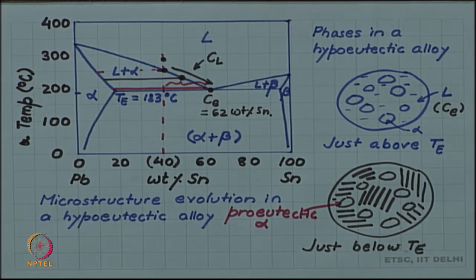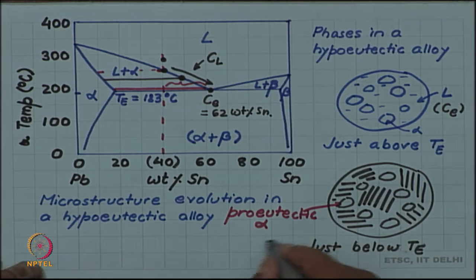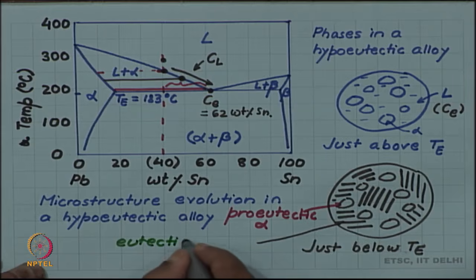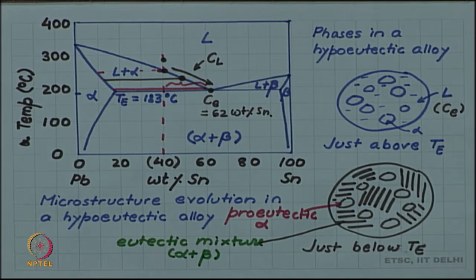And the remainder of the alloy, this region, is the eutectic mixture, alpha plus beta.